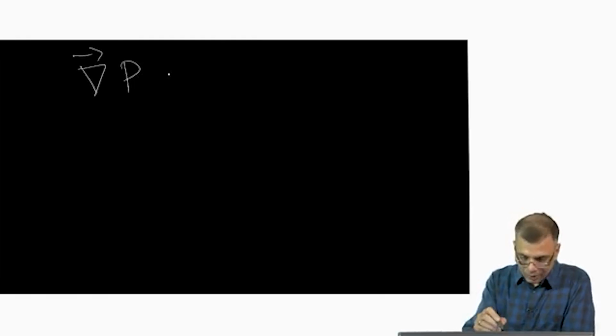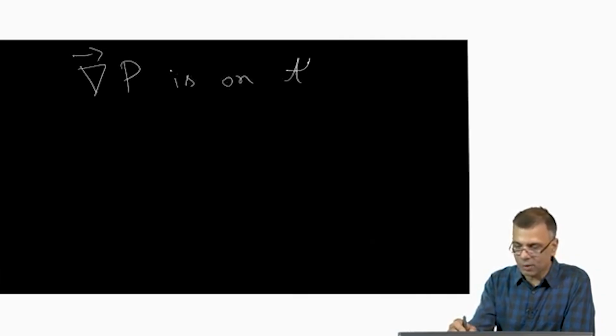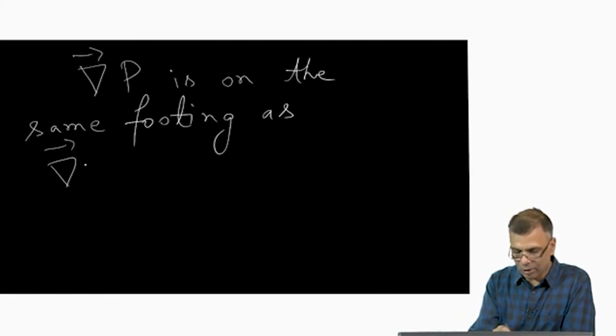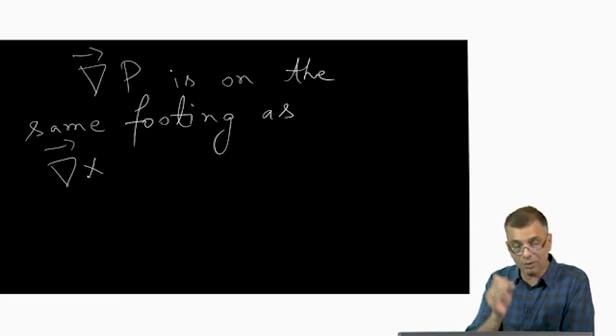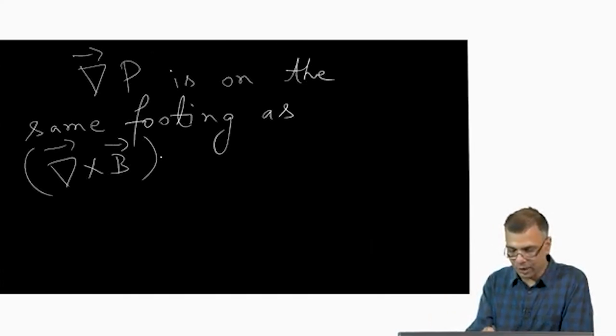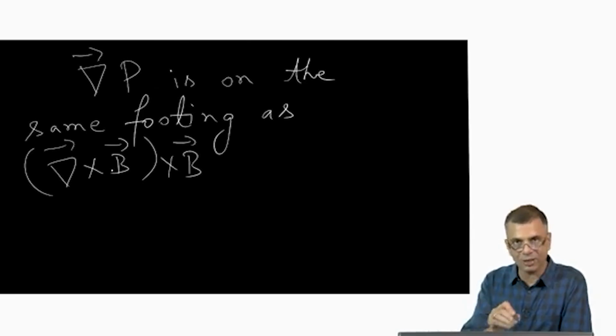Okay, and this is on the same footing as the Lorentz force density, because it appears as just one more term on the right hand side, on the F side of things, and therefore as such it's the same as this.